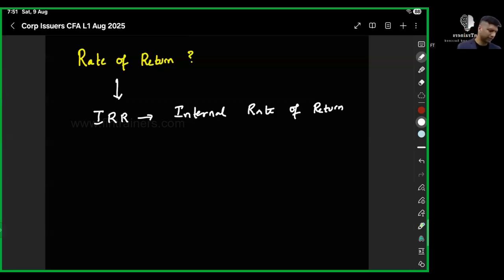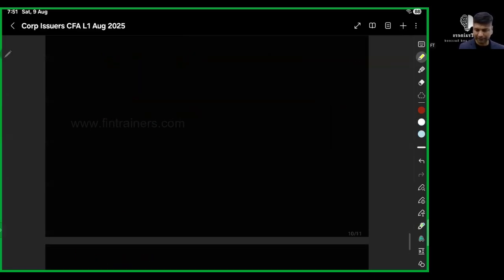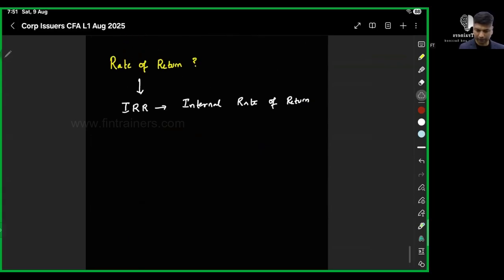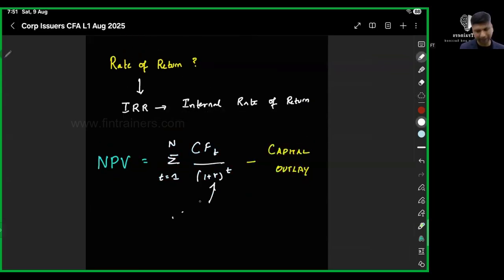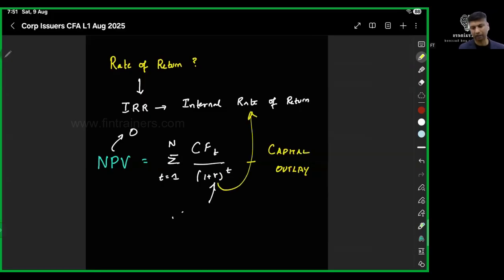Now, how do you calculate IRR? The idea is simple. I have this equation for NPV. In this equation, if I can plug in an R such that NPV is equal to zero, that discount rate is my IRR.